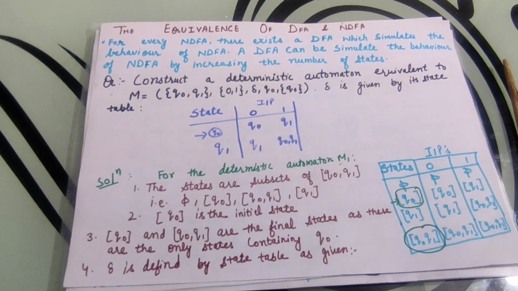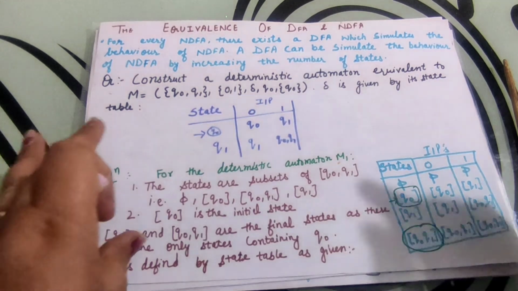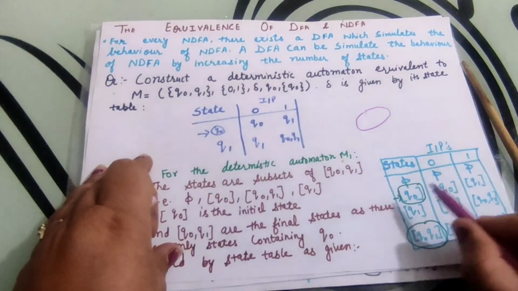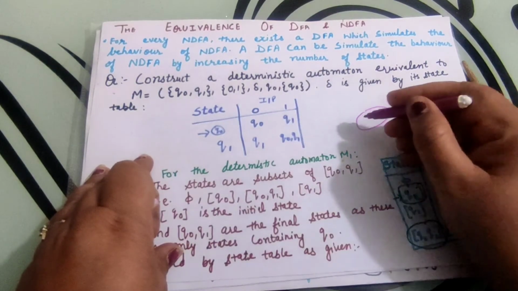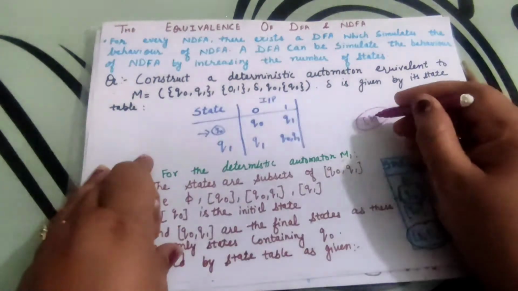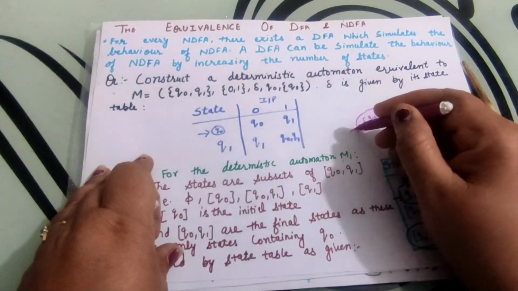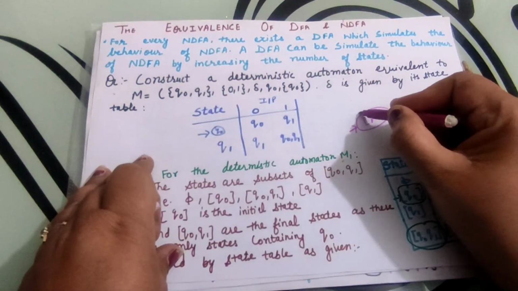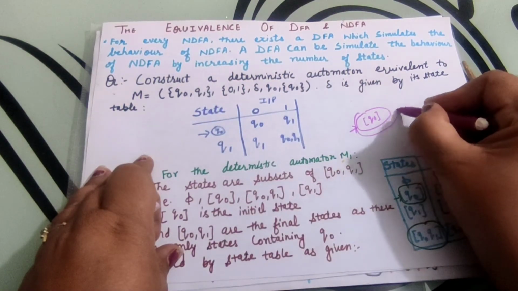Now I am telling you how to draw the transition diagram based on this table. Here take the first state, that is Q0. Take Q0 and this is the initial state. It also behaves like a final state, so make it like this.